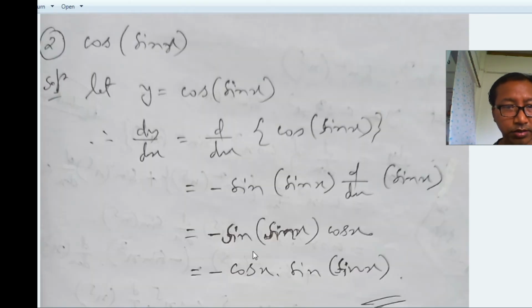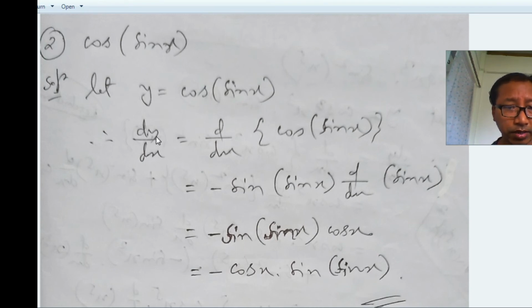Next question, cos of sin x. We are going to differentiate this part, cos of sin x. Here also you can see it is a composition of two functions. One is the cos function, the other is the sin function. I have chosen y equal to this part. Directly also we can write d by dx of cos of this part, but we can take y equal to this part, no problem.